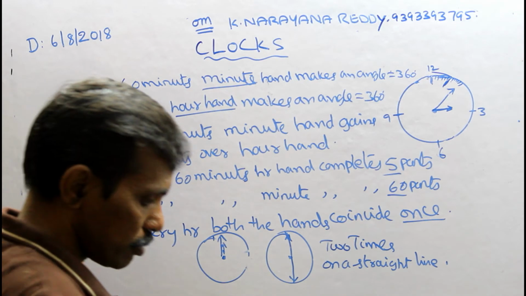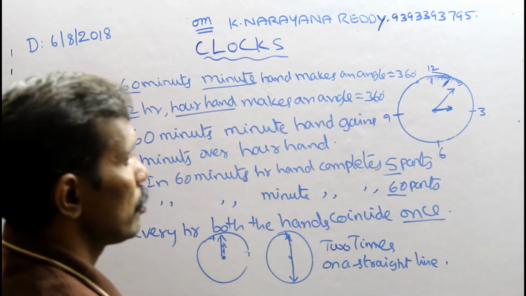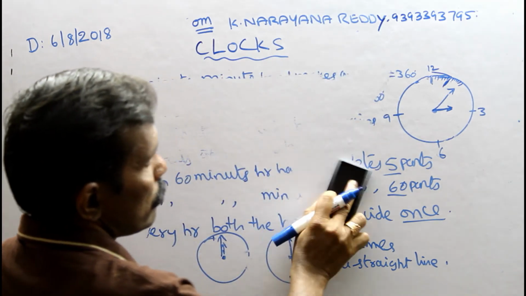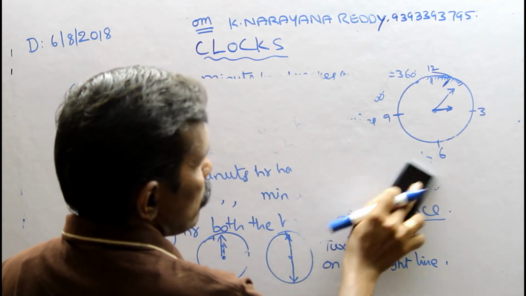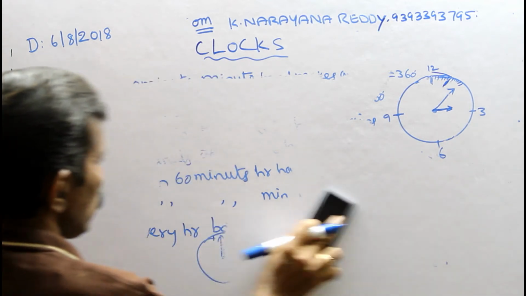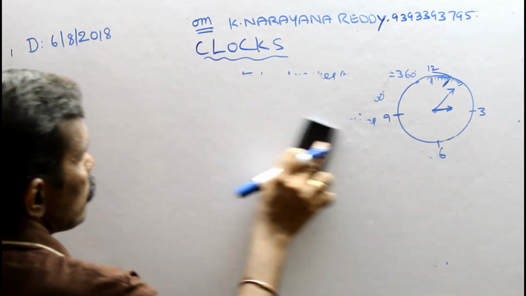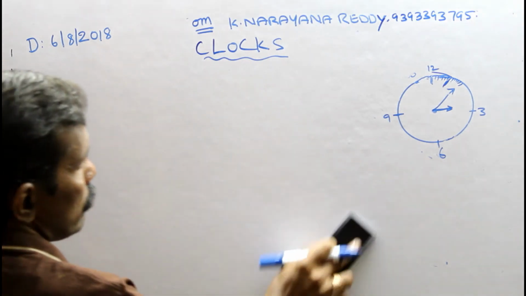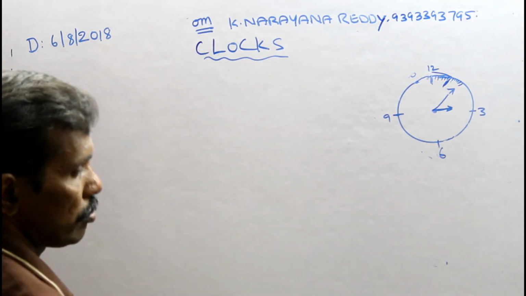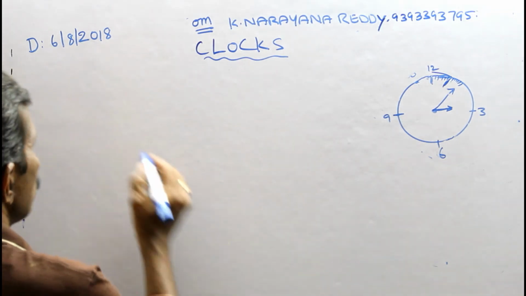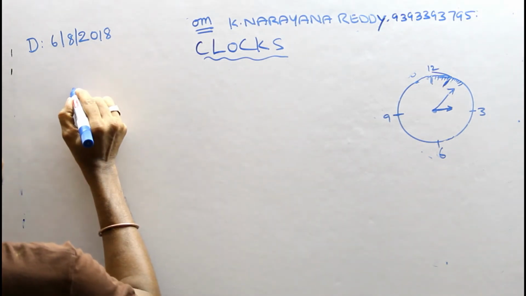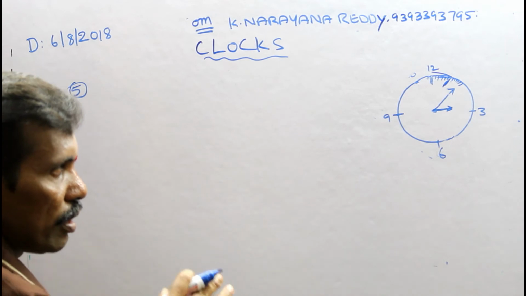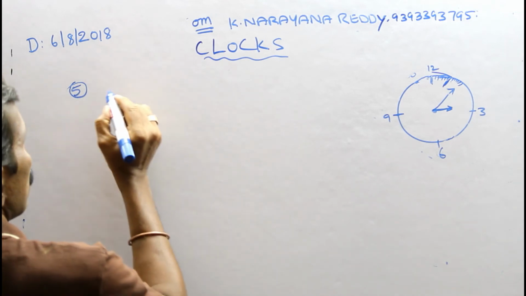Okay. Next one is 5. When they are in opposite direction, what is the difference between them? 30 minutes.